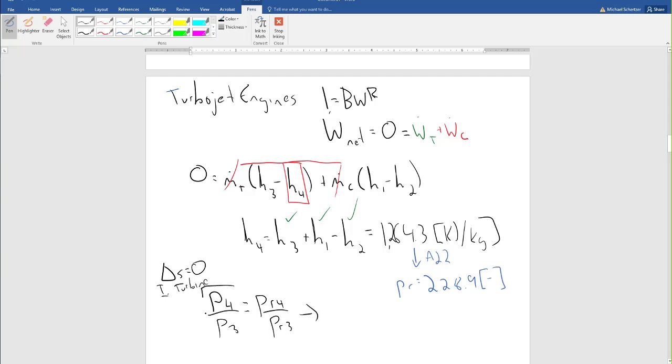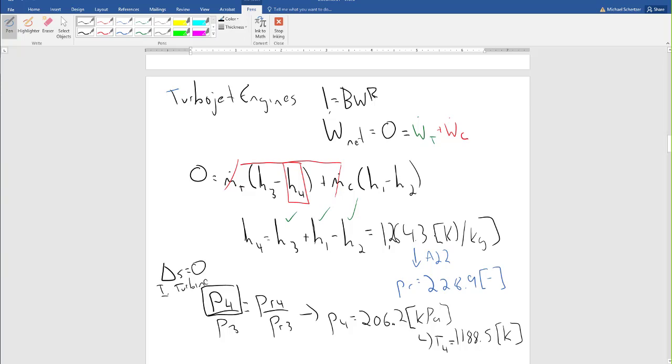And from here, I can find P4 is equal to 206.2 kilopascals. I don't need it, but if I wanted the temperature at state 4, it's 1,188.5 Kelvin. Right? Unless it asks me what the temperature is, I wouldn't spend time interpolating to find that on a test.